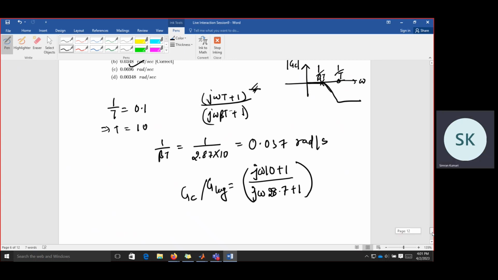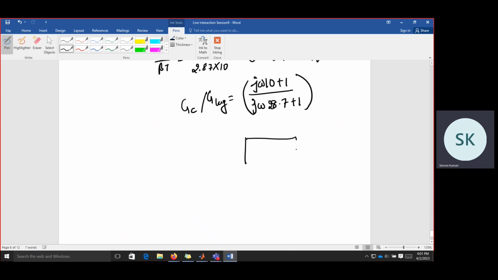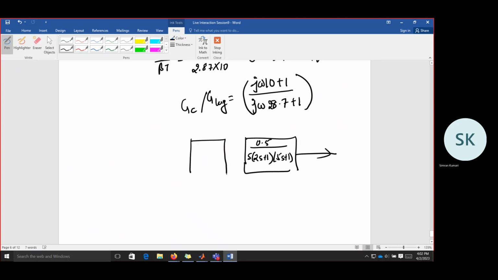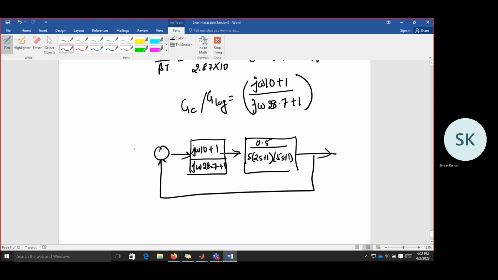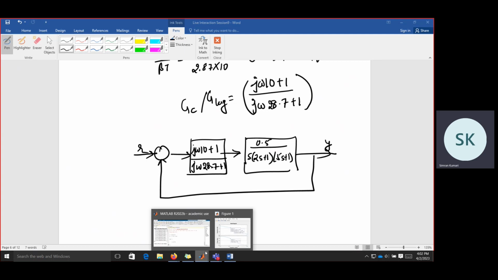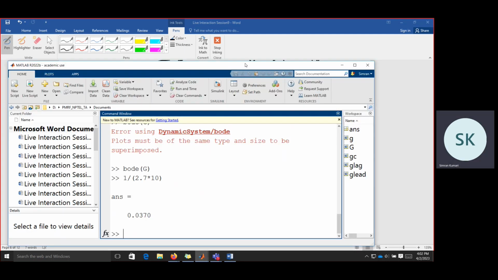What is the overall system? We have this 0.5 S, 2S plus 1, and 5S plus 1, times (j omega 10 plus 1) by... We'll try to find out what is the Bode plot for this system.